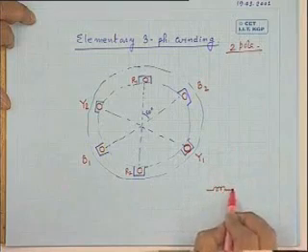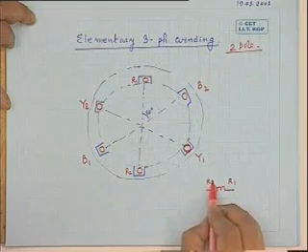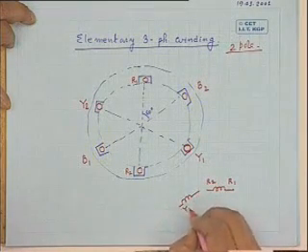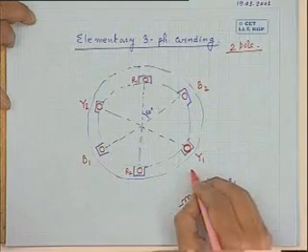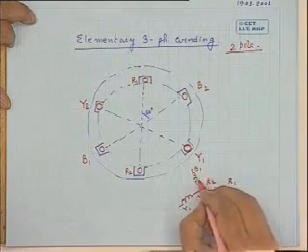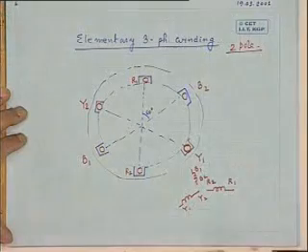Now this coil I will just show like this. That is, this is, suppose, R1, R2. This is Y1, Y2, and this is B1, B2.